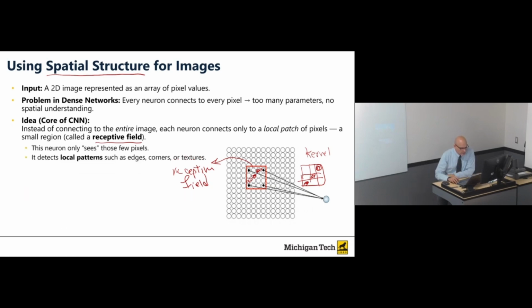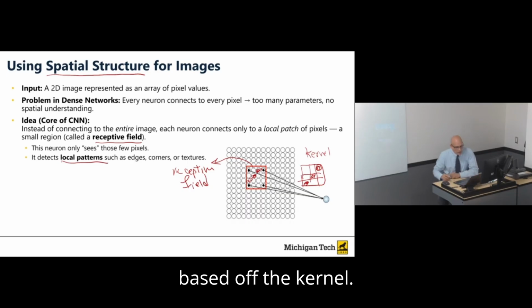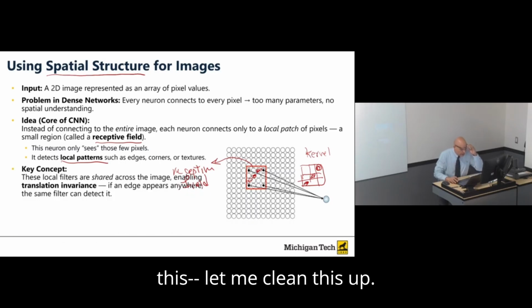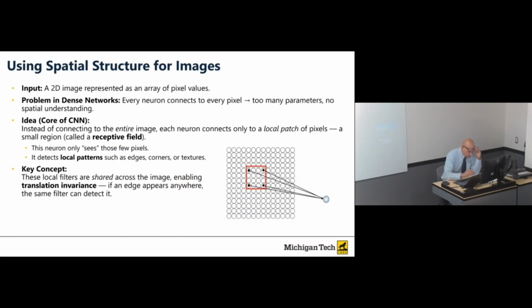What else can we do? The neurons only see those few pixels, and they detect local patterns based on the kernel. And what else? Let's clean this up.